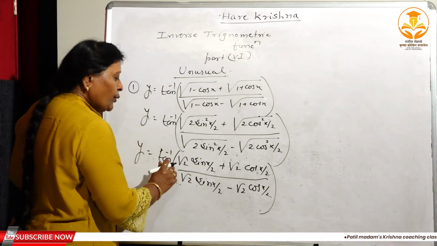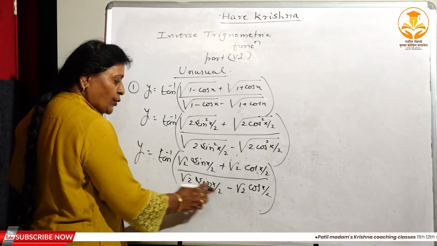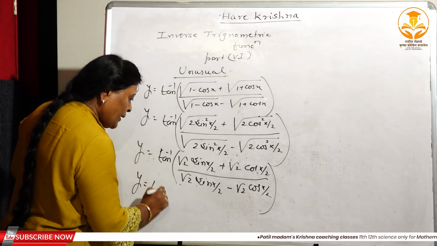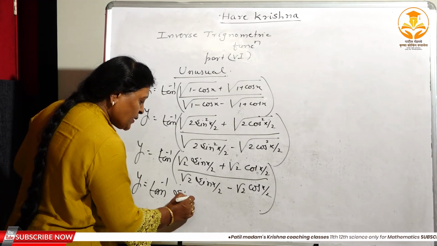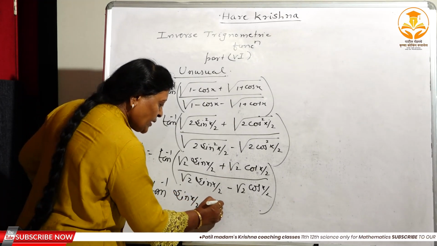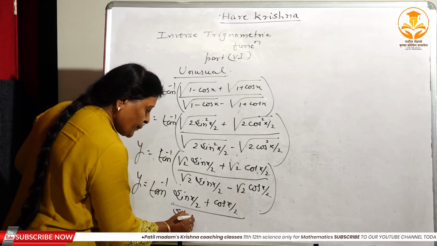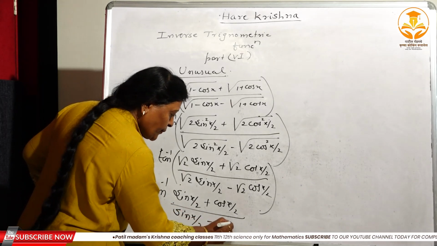Now root 2 you can take common in numerator and denominator, so it gets cancelled, and what remains is sin x by 2 plus cos x by 2, divided by sin x by 2 minus cos x by 2.